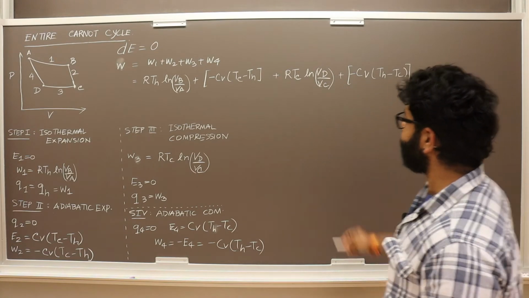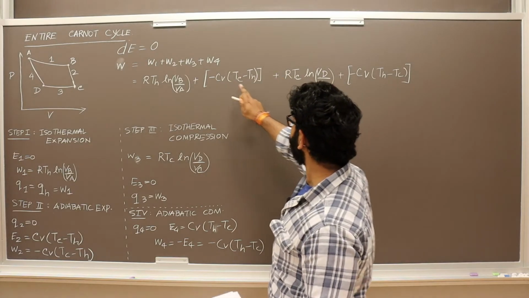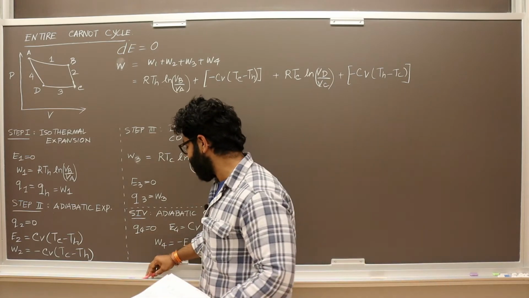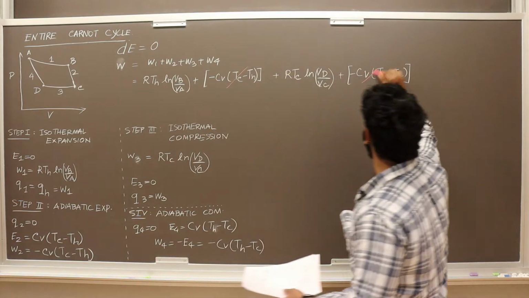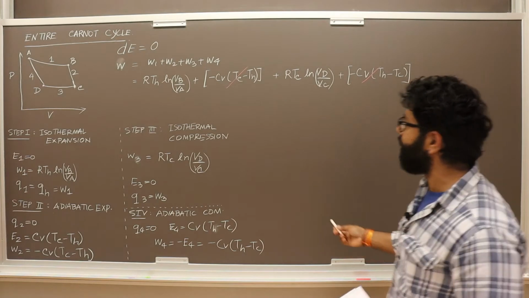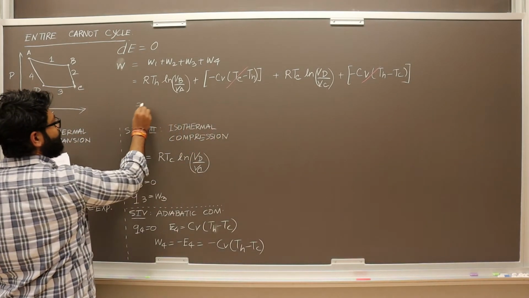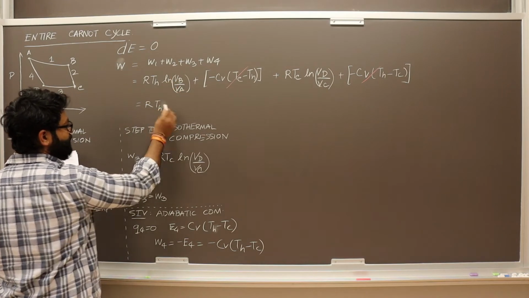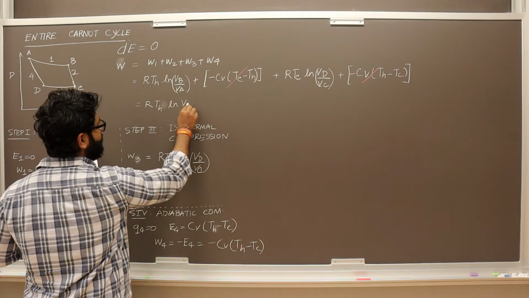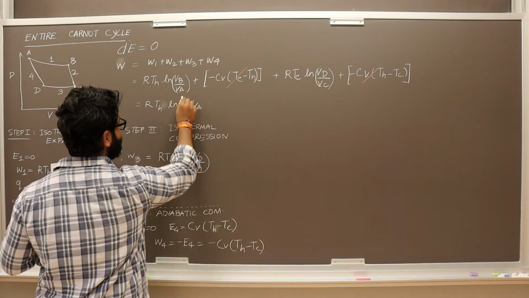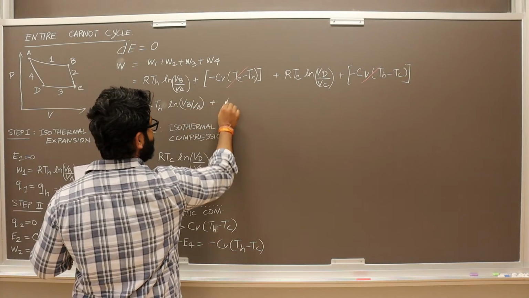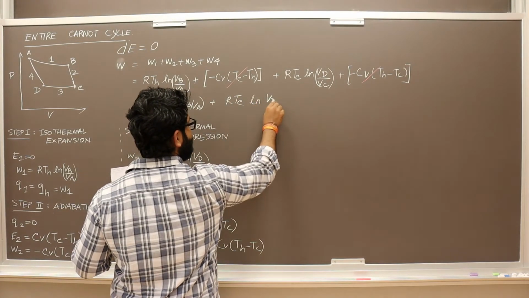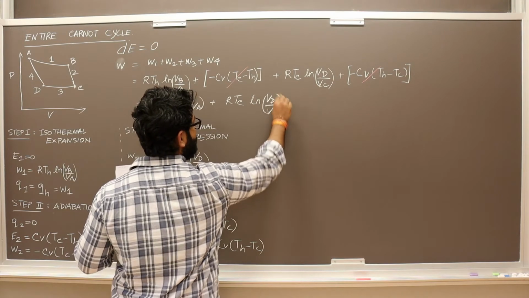Now, if you look closely, minus CV (TC minus TH) and minus CV (TH minus TC), these two values cancel out. So what we are left with is R TH ln(VB by VA) plus R TC ln(VD by VC).